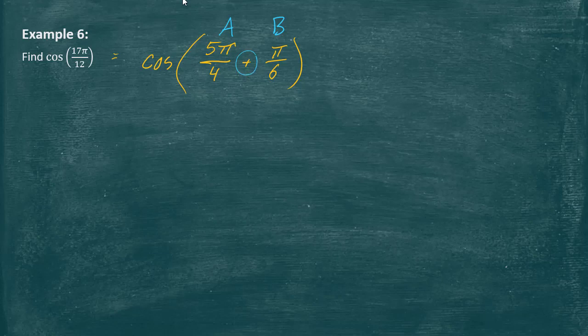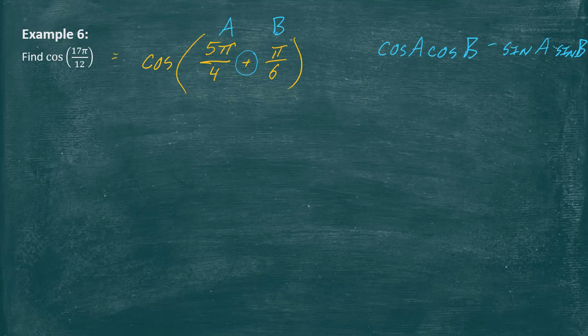So since I'm trying to do cosine, and I am adding, as we can see here in the middle, the formula I would want to do is going to turn into the cosine of A times the cosine of B. And then oddly enough, even though it's addition here, the formula will switch to subtraction, and then it's basically the two sine ratios multiplied together as well.